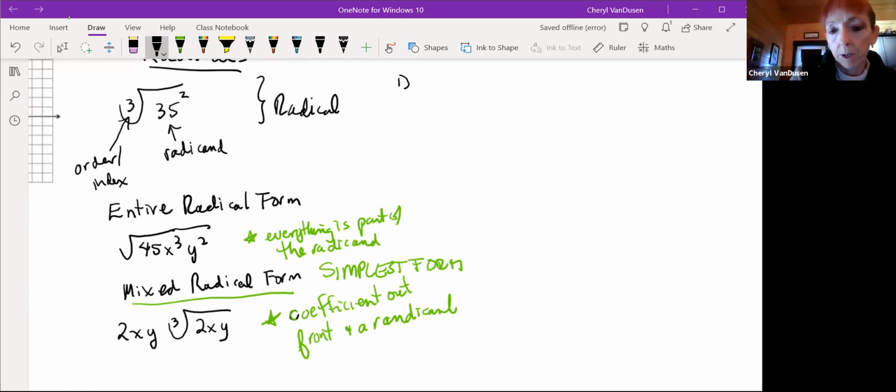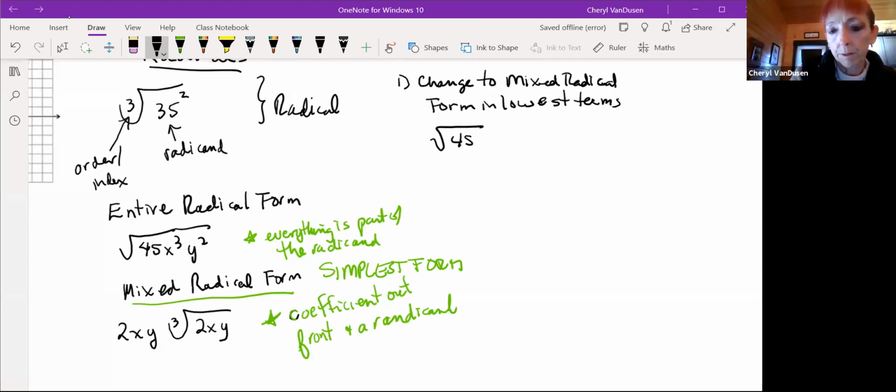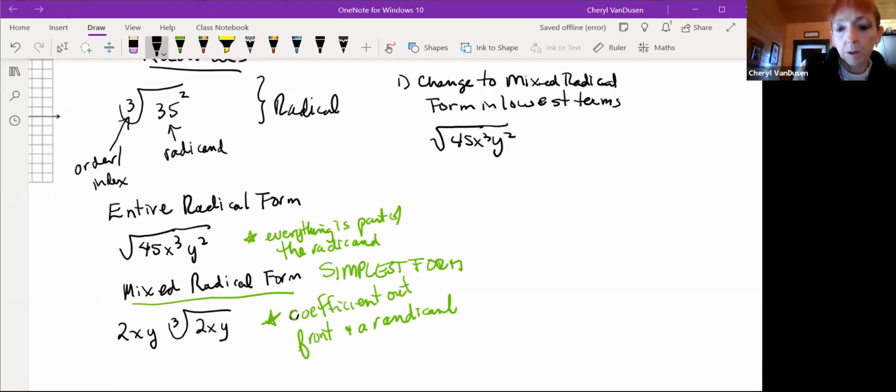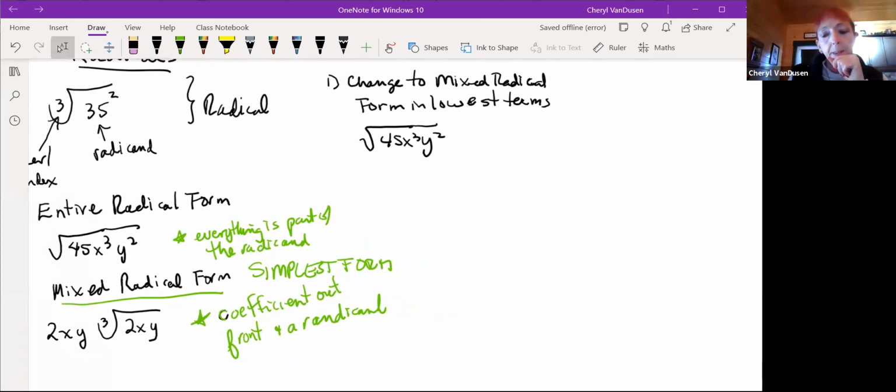So question number 1 is change to mixed radical form, lowest terms, and I'm going to take the one that I have here, root 45 x cubed y squared. We're going to start with that question. Okay.